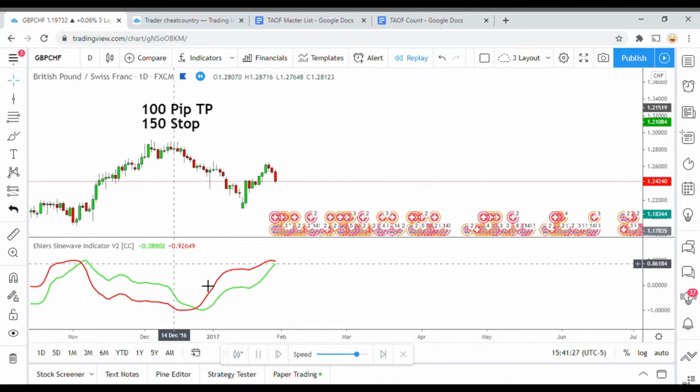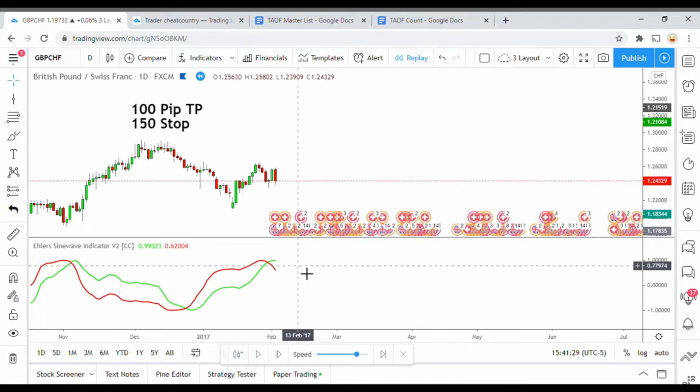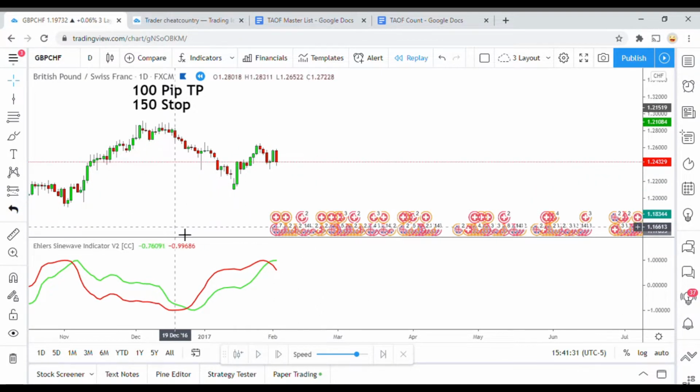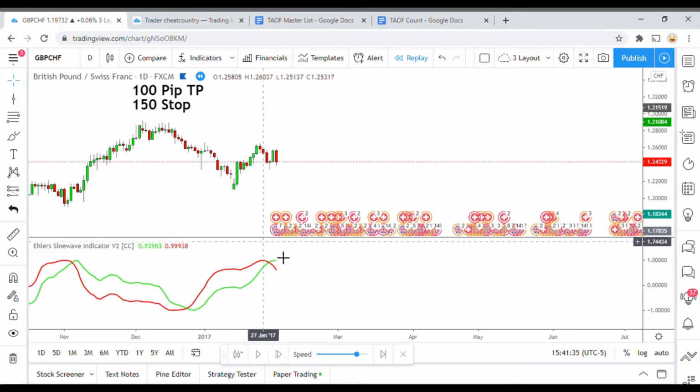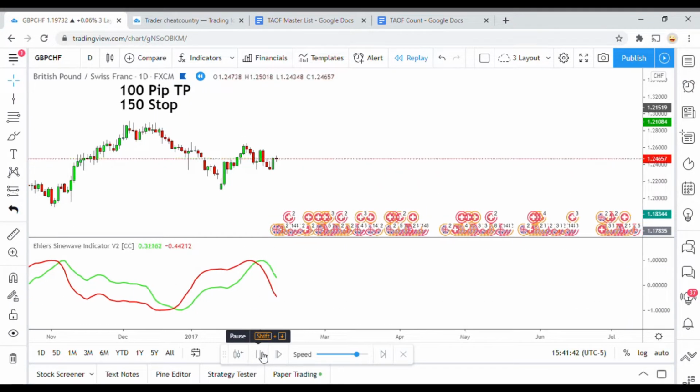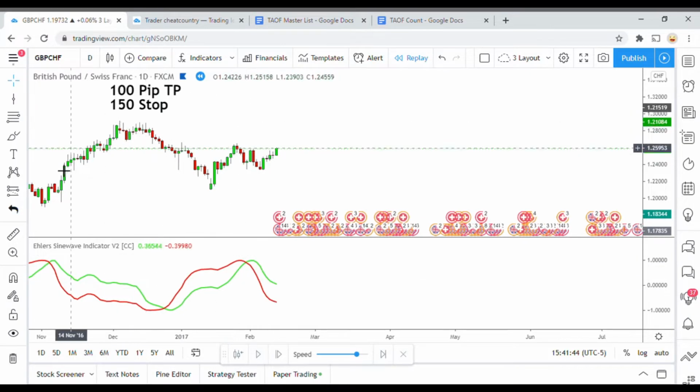Ehlers, who is the creator of this indicator, has a ton of Ehlers-based indicators, and so it's rather interesting. We will probably see a few of these pop up.